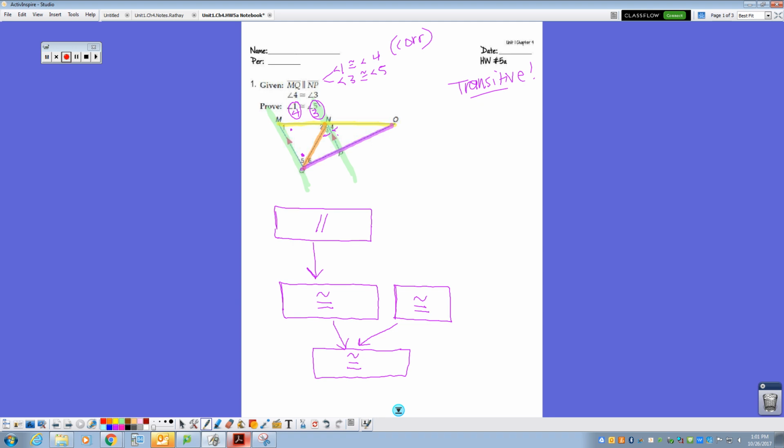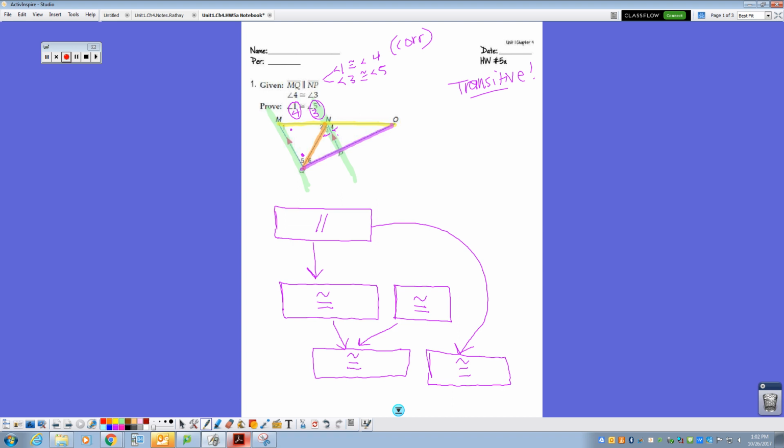Well, our parallels told us that, oops, I almost wrote the answer down, that angle 3 was congruent to angle 5. Those angles are green and orange. We go through our relationships: alternate interior, alternate exterior, corresponding, same side interior.